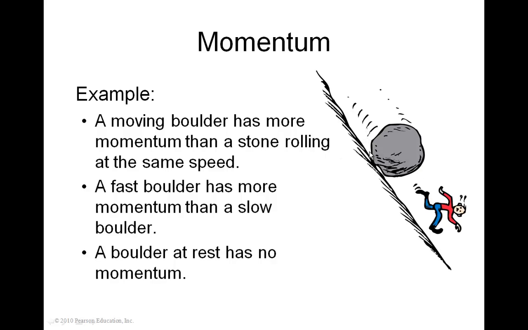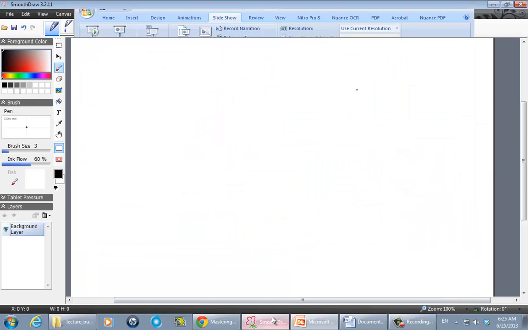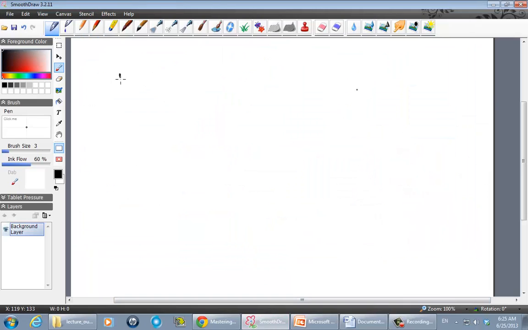Now remember that momentum equals mass times velocity.